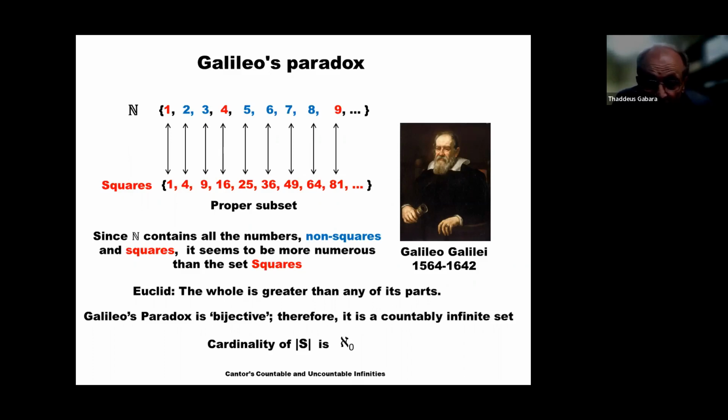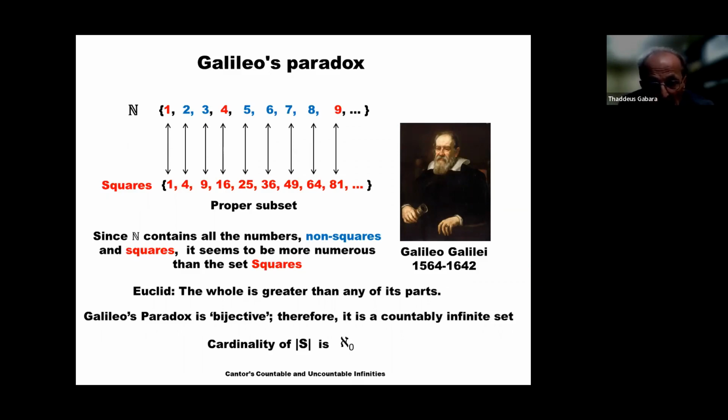Yet we're still doing a one-to-one correspondence of the squares, and only the squares, to that of the natural numbers. It violates one of Euclid's rules from the Elements, that the whole is greater than any of its parts. In this particular case, they're equal.